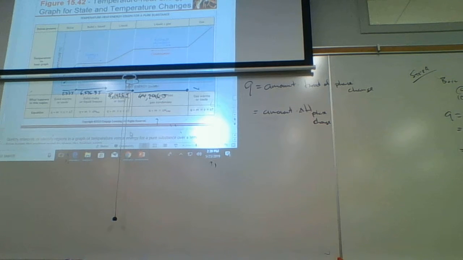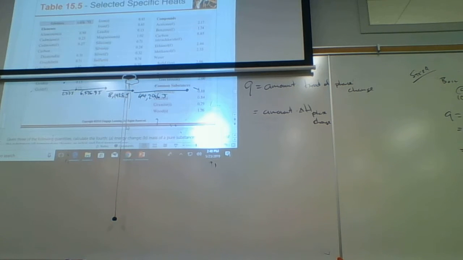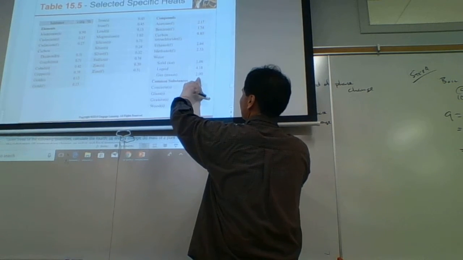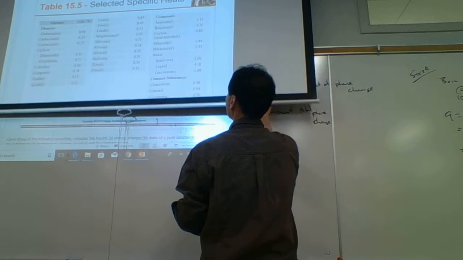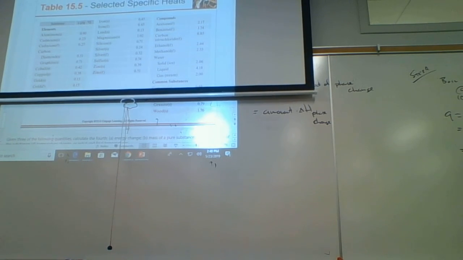C, we need the specific heat of steam. So if we look at the specific heat of steam, it's 2.00. This is very close to ice. 2.00 joules per gram degree C.